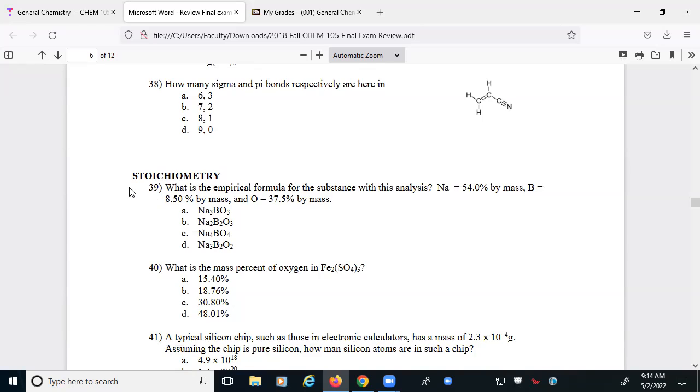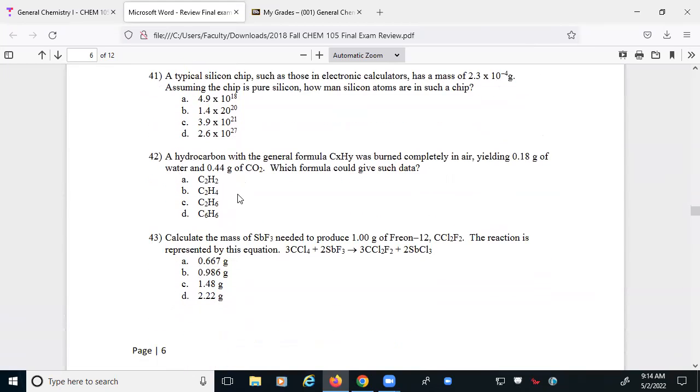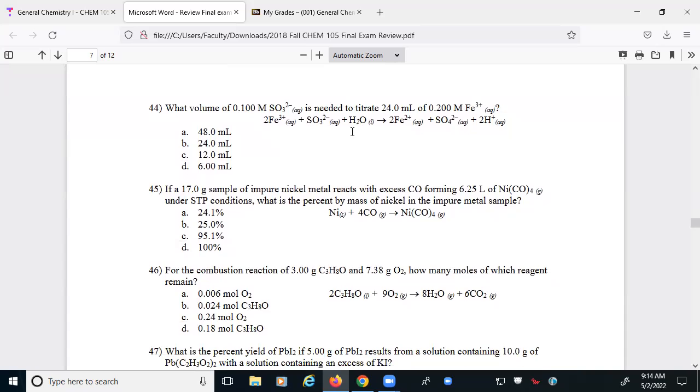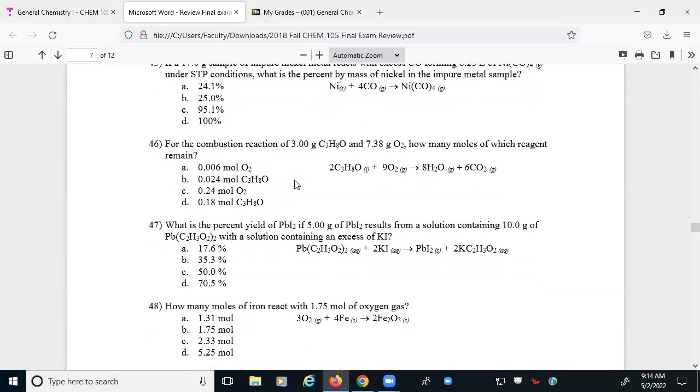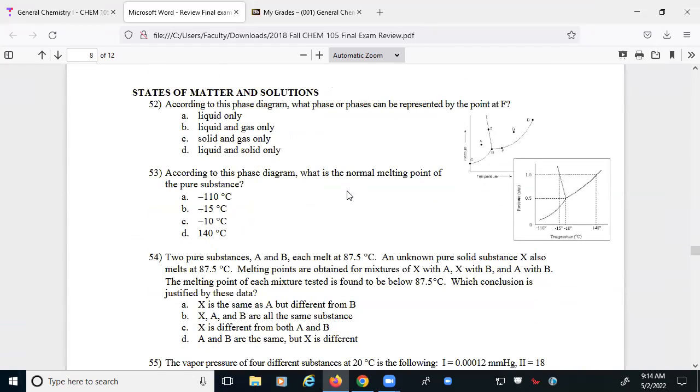stoichiometry. So all the calculation-based stuff that we did, whether it's percent by masses, empirical formulas, converting between grams and moles and particles, doing solution-based stoichiometry, gas-phase stoichiometry, limiting reactants. States of matter, we're talking about chapter 6 kind of stuff.